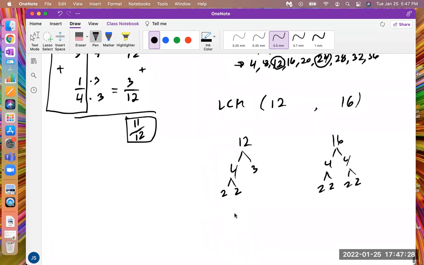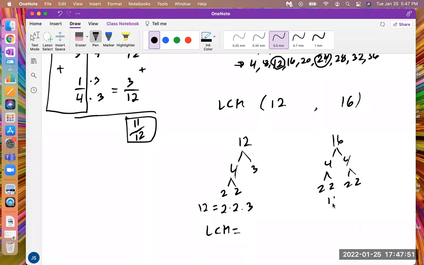Now what I do is the LCM. The LCM contains all the prime factors of 12, which let me write down here at the bottom. 12 was 2 times 2 times 3.